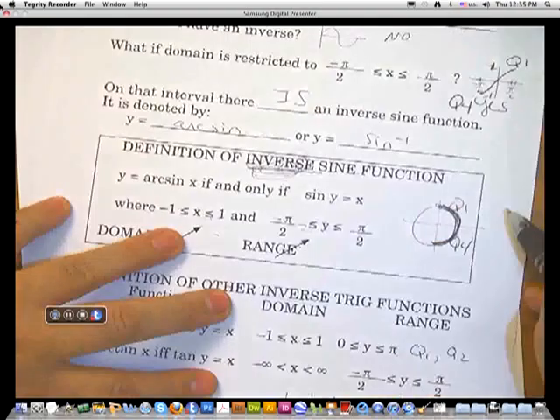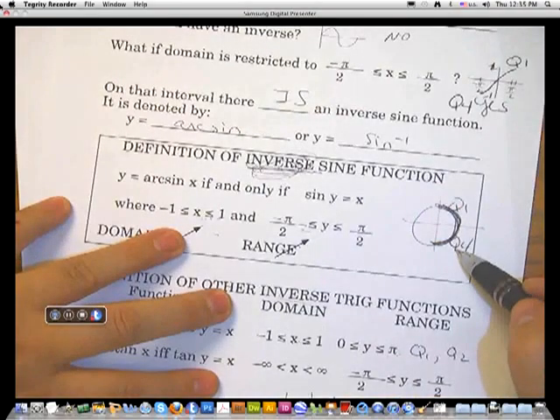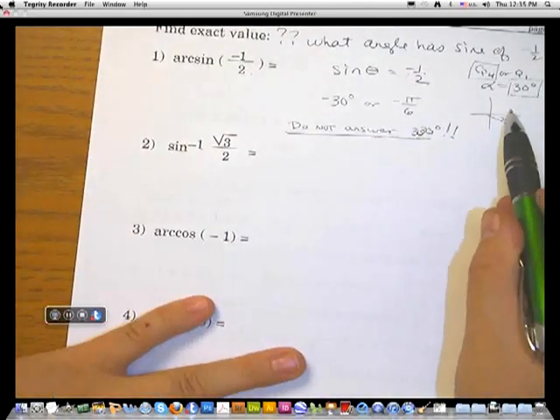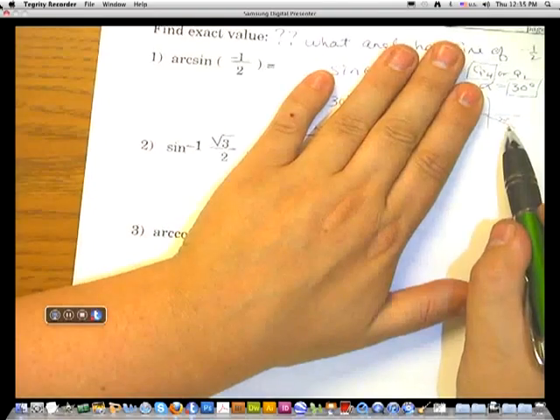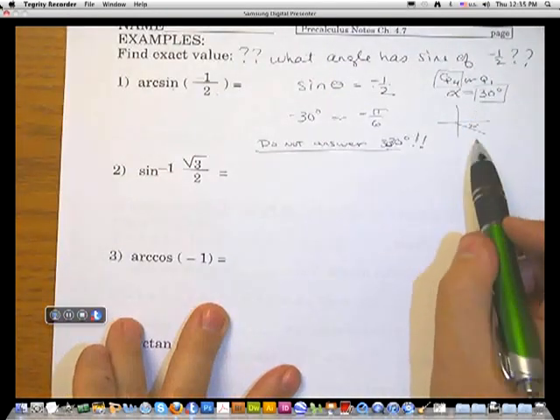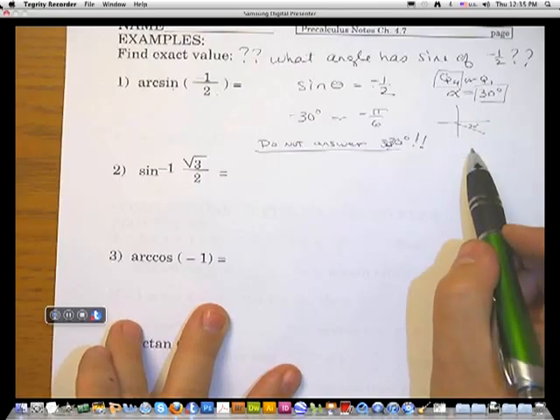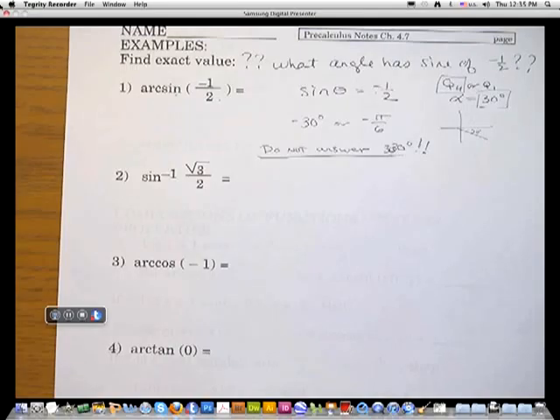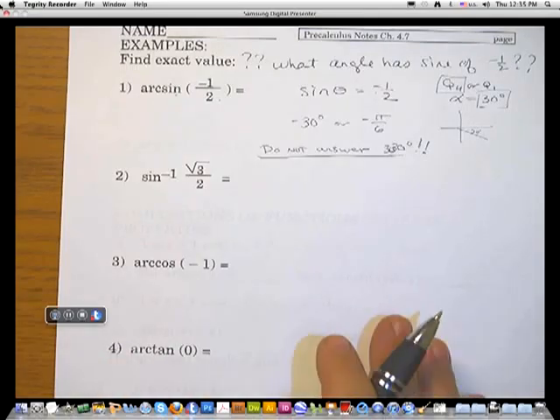The inverse is quadrant 1 or quadrant 4, right? 330 degrees is not in quadrant 1, and 330 degrees is not in quadrant 4. I have to answer within my quadrants. So I'm answering negative 30 degrees or negative pi over 6.